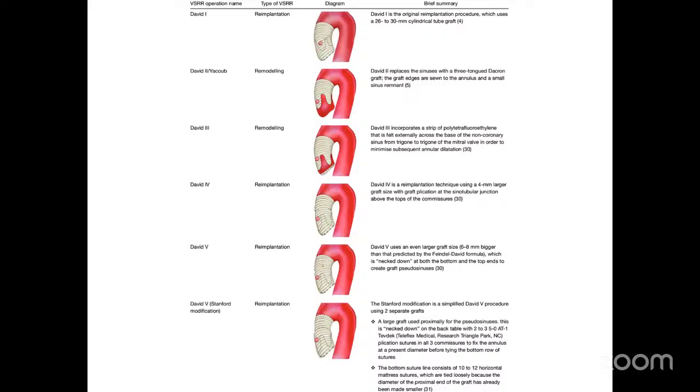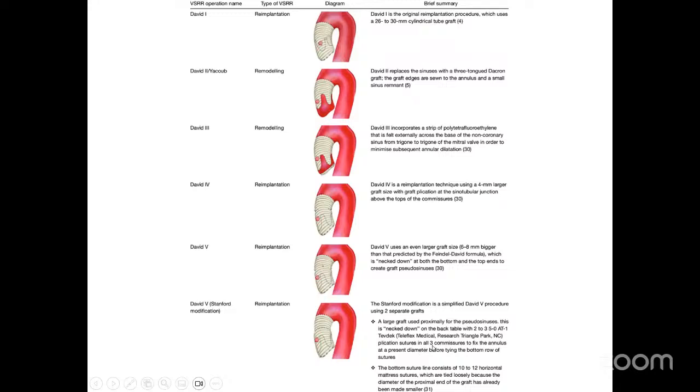There is the David 5 reimplantation with the Stanford modification. This is a simplified David 5 procedure using two separate grafts. Larger grafts are used proximally for the pseudosinuses. This is necked down on the back table.